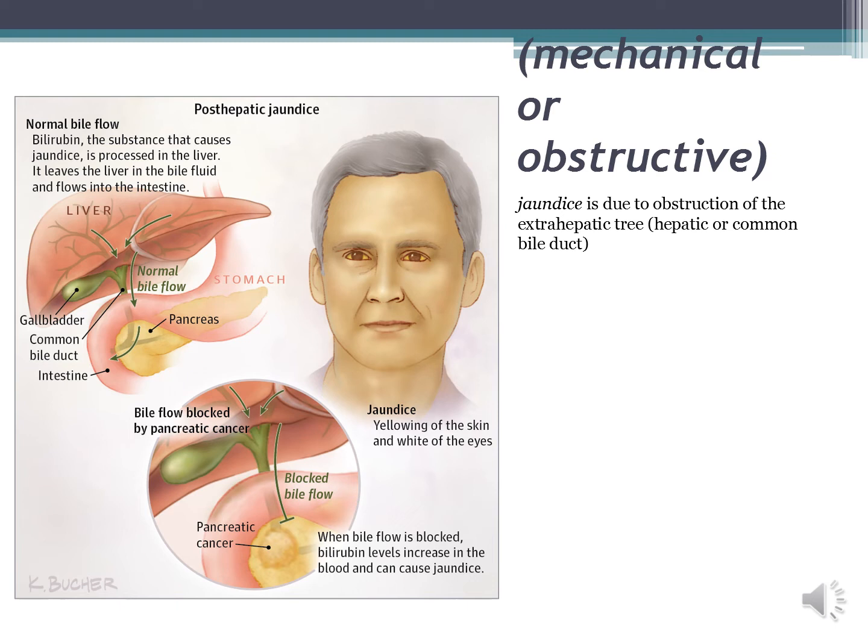But in case of jaundice, we see yellowing of the skin of the patient and even eyes.